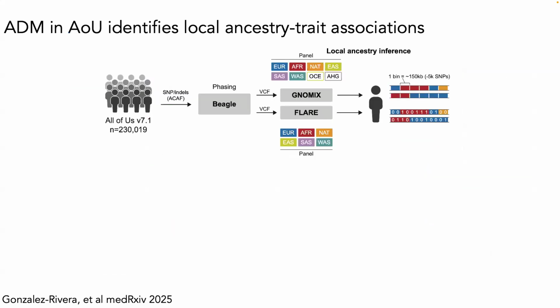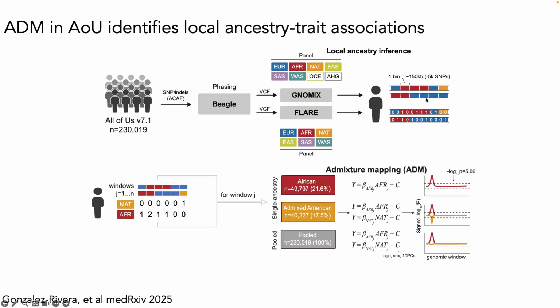I'll just say a quick note about Wilfredo's project. So Wilfredo and the lab is trying to now do this local ancestry analysis at a larger scale on All of Us. And we just released a preprint where he did local ancestry inference using two different methods on the entire All of Us V7 cohort. And then we can use those local ancestry labels to go and identify different, say, blood phenotypes in this case that are associated with different local ancestries.